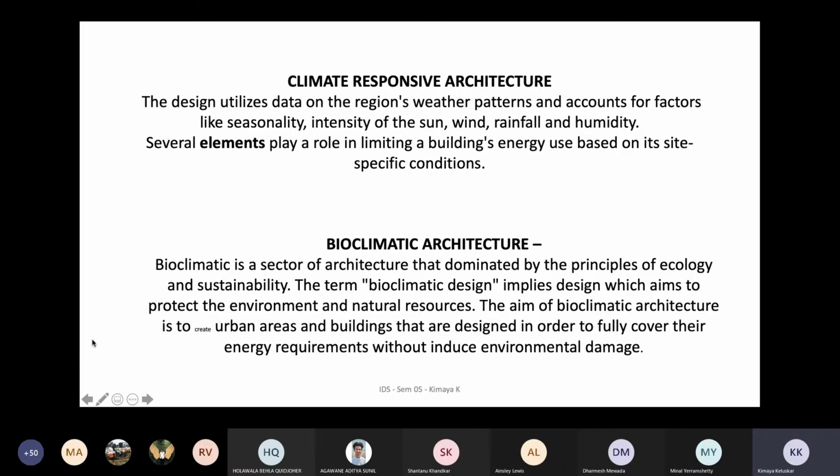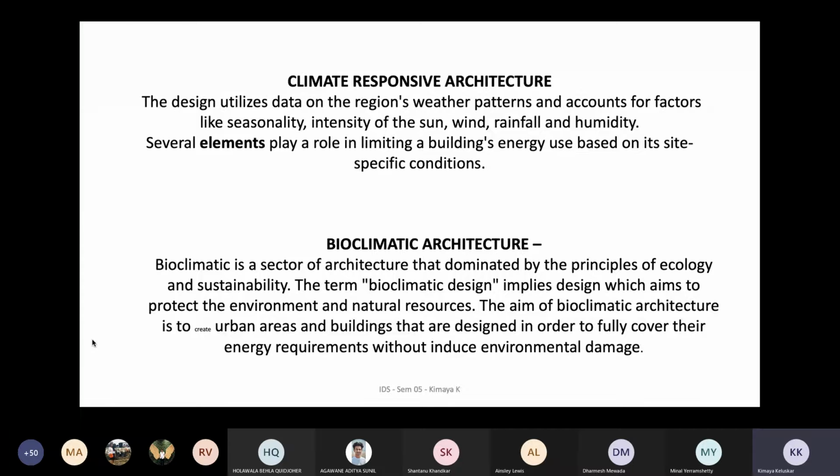Bioclimatic architecture is a sector of architecture that is dominated by the principles of ecology and sustainability. So you will see it is more inclined towards a biophilic architecture, wherein ecology plays a very important role, where you try to create a design that aims at protecting the environment and the natural resources.